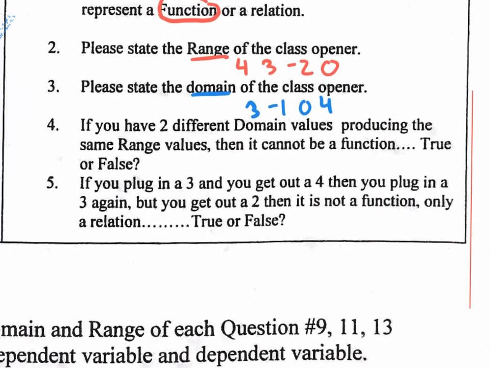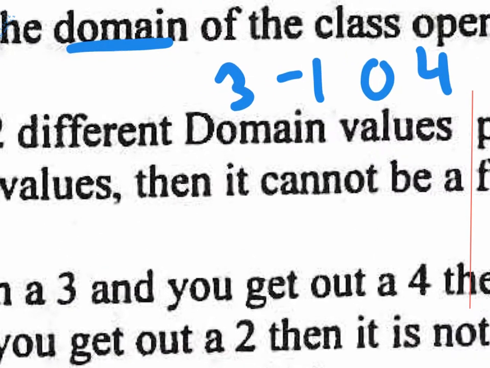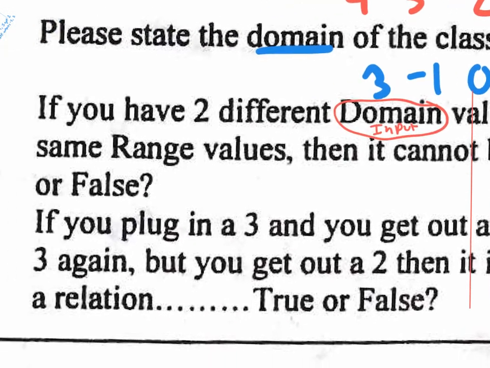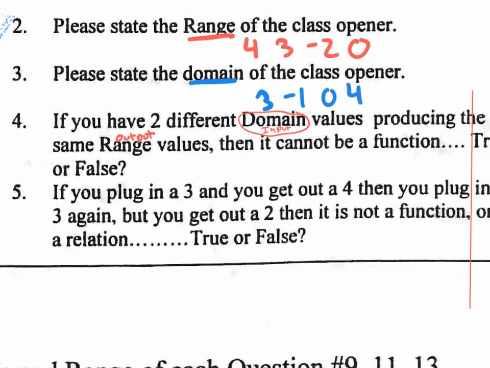Number 4, if you have 2 different domain values producing the same range value, then it cannot be a function, true or false. Instead of domain, you might want to think something that helps you a little more, like input. So if you have 2 different inputs giving you the same output, then it cannot be a function.